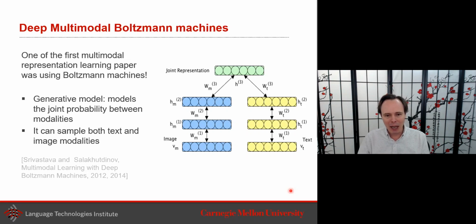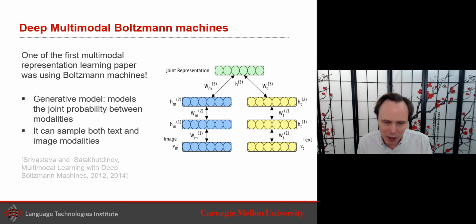And one of the key aspects of it is that this is a generative model. An autoencoder goes from text to the intermediate representation and comes back to the text, or the multimodal autoencoder goes to the intermediate representation and recreates the text or the image.